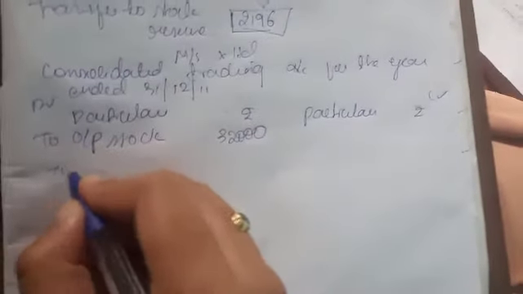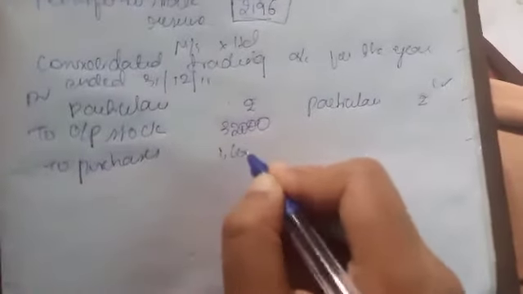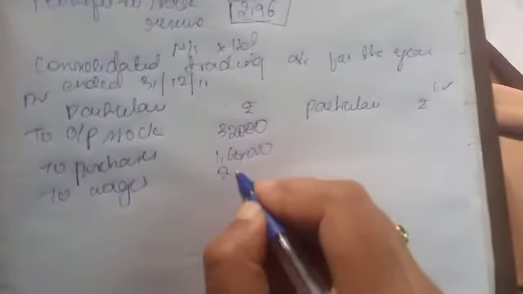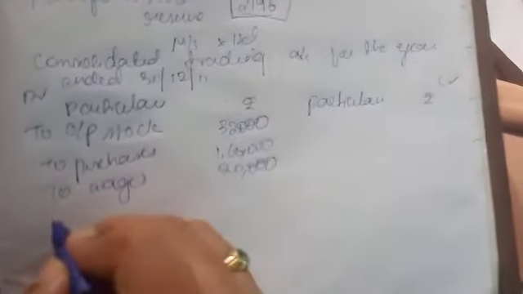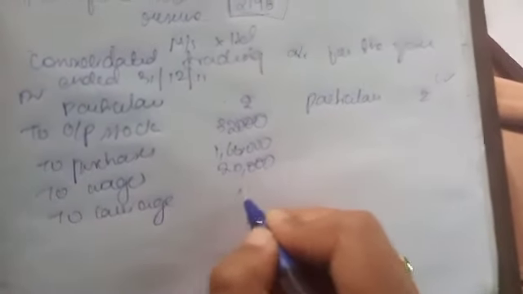To purchases, 1,60,000. To wages, 20,000. To carriage, 4,000.